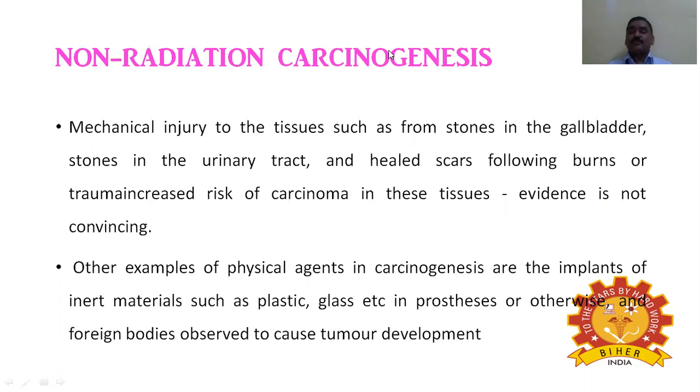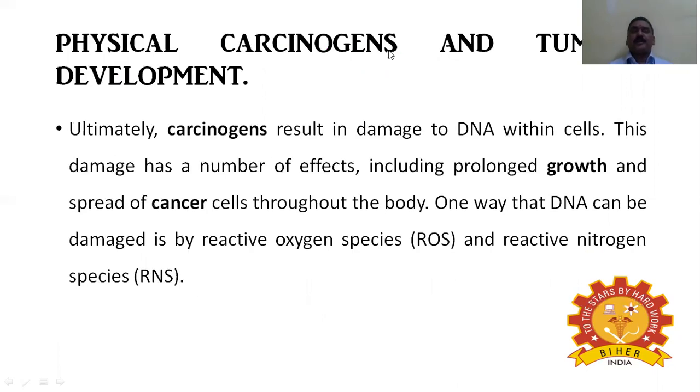In these tissues, the evidence is not convincing. Other examples of physical carcinogenesis are implants of inert materials such as plastics, glass, etc., in prostheses or otherwise.